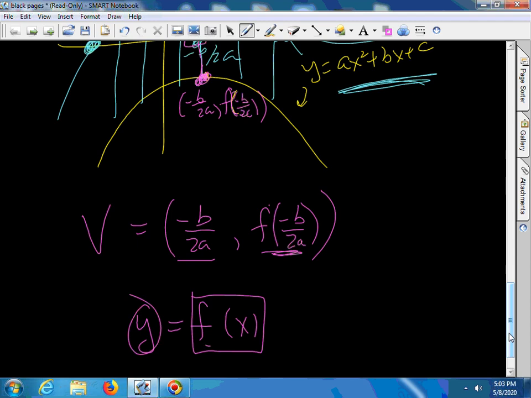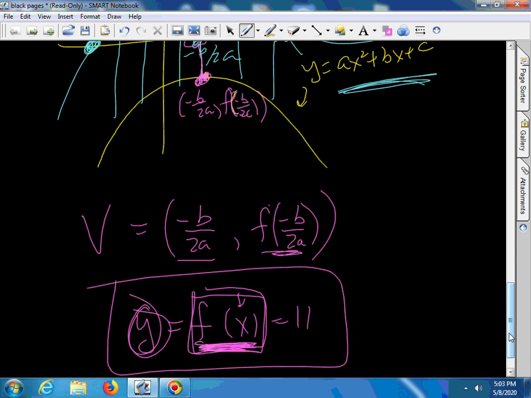If f of x is 11, then y is 11. I never said x is 11. I said all of this is 11. Okay, from this equation, can you tell me what x is, or what y is? Well, this mess equals y, and this mess equals 11. Therefore, y is 11.